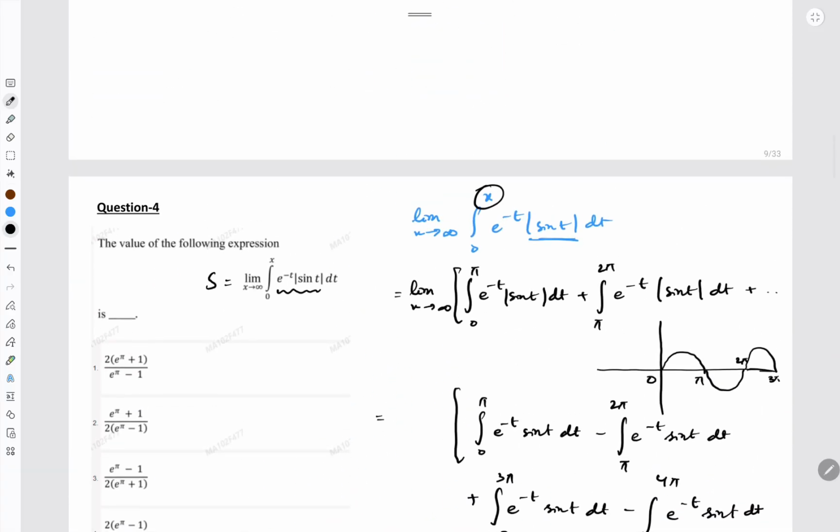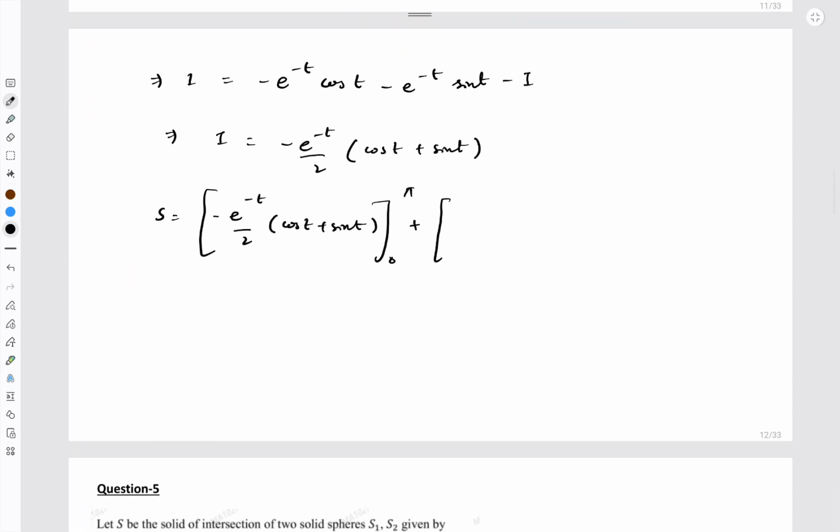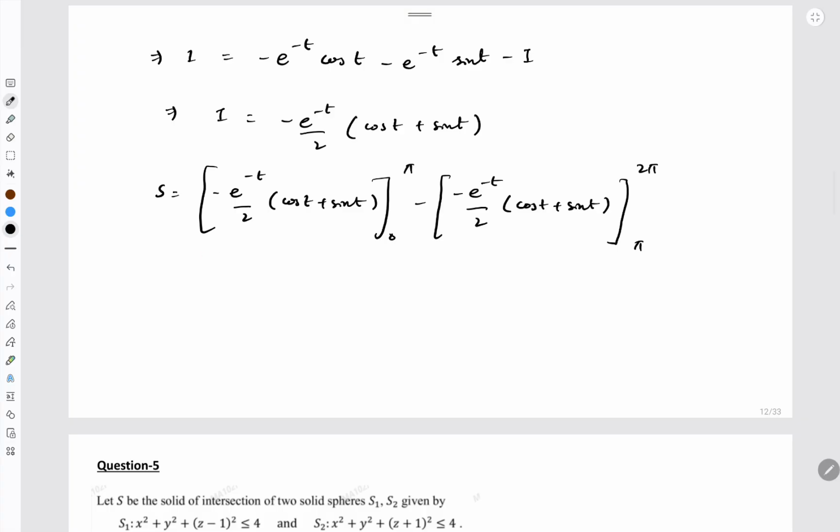The integration is the same, only the sign outside is different. So this is minus e power minus t by 2 cos t plus sin t from pi to 2 pi, then plus this thing from 2 pi to 3 pi, and so on.